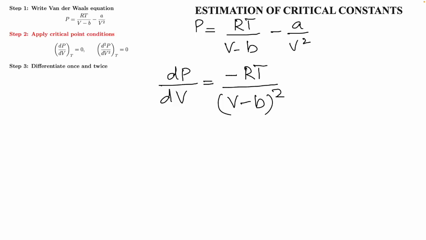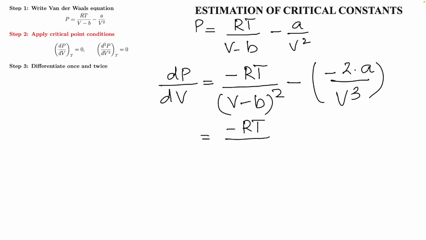Differentiating 1 by V square gives minus 2 by V cube, and we have the constant a. So we get minus RT divided by (V minus b) the whole square. Minus and minus will become positive: 2a divided by V cube. So this is dP by dV.